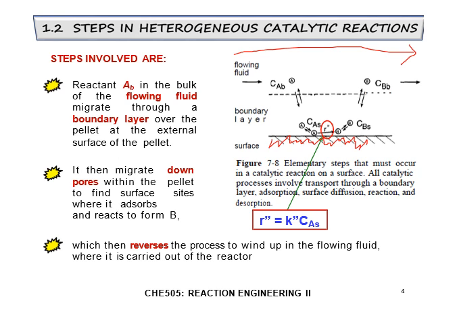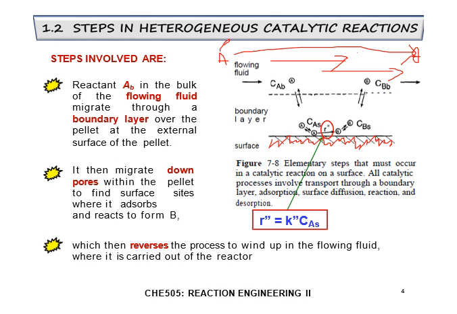Okay, for example, this represents the catalyst surface. So the flowing fluid of reactant A, for example, on the way, the fluid goes from this point to this point to this point, right?